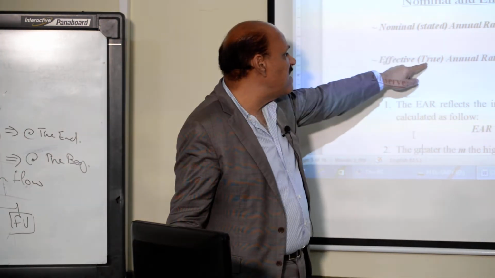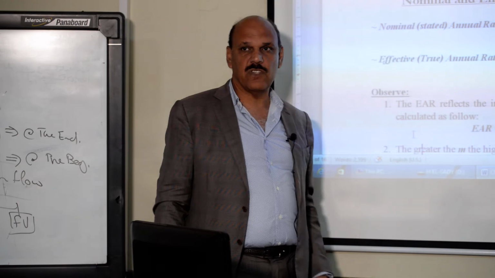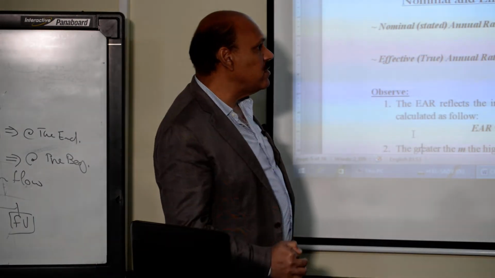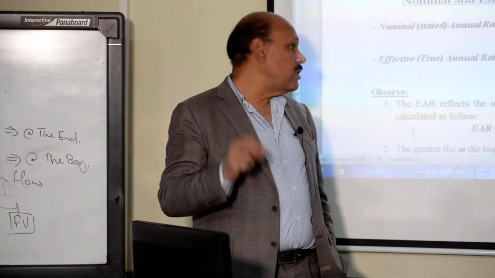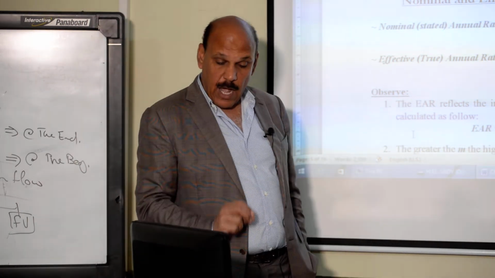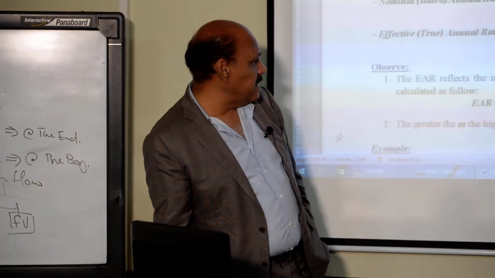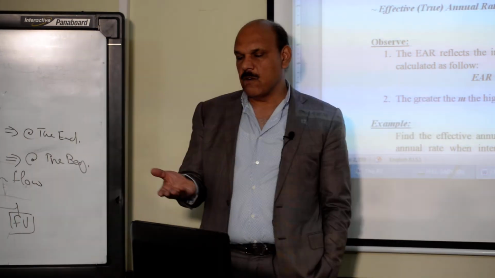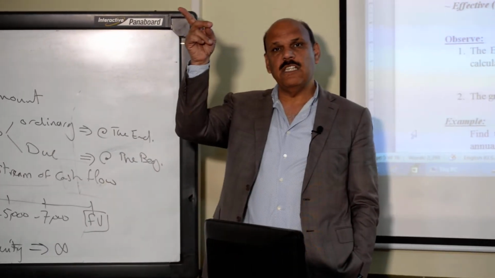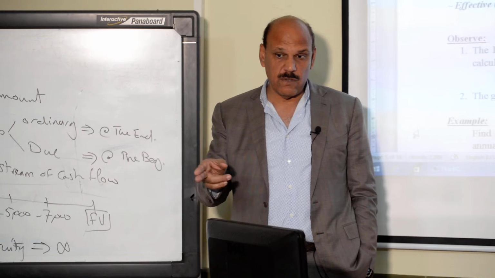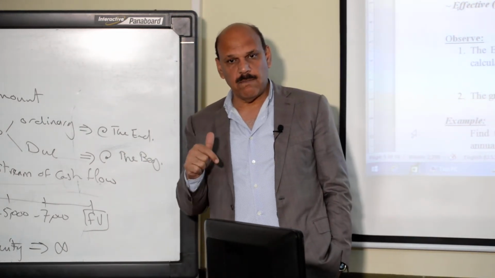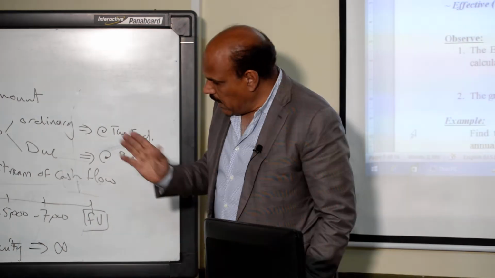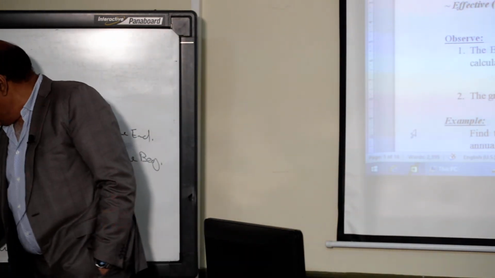The effective is the true annual interest rate. We call it the effective annual interest rate. This is the actual interest rate that you are going to receive. How to do that? This is very easy. You divide by the number of periods, and you multiply the years by the number of periods. If you divide by 2, you multiply by 2. If you divide by 4, you multiply by 4, as we will see now.